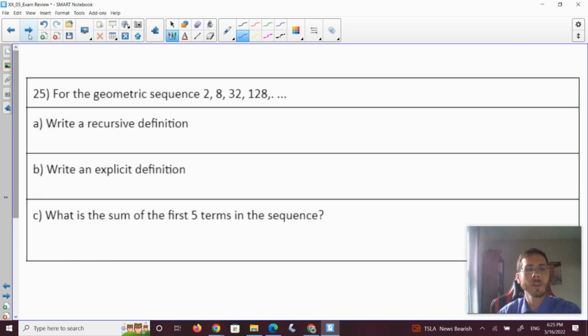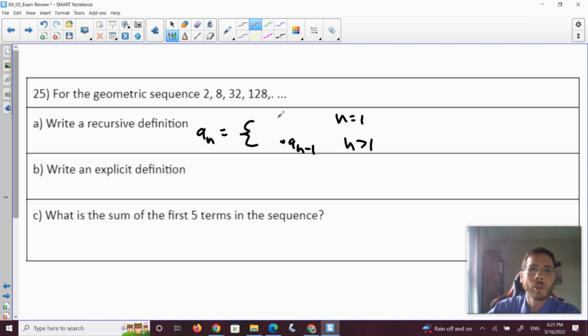All right, 25, we have a geometric sequence. First thing it tells us to do is to write a recursive definition. So the recursive definition says a sub n is equal to the piecewise function: something when n equals 1 and something else when n is greater than 1. But this is always going to be something times a sub n minus 1.